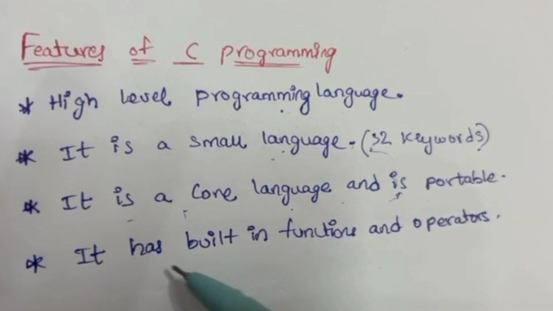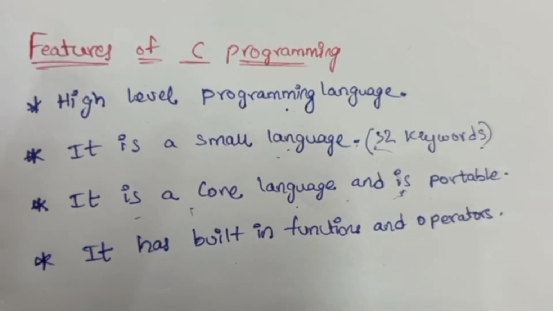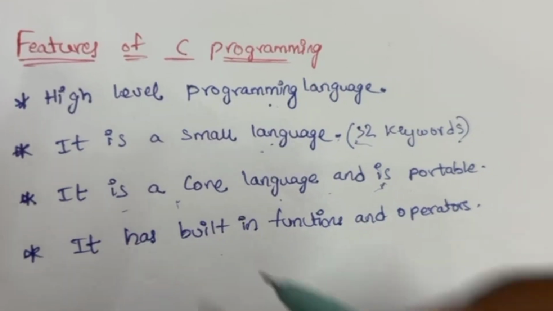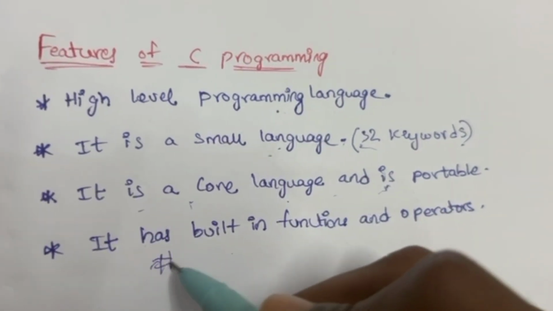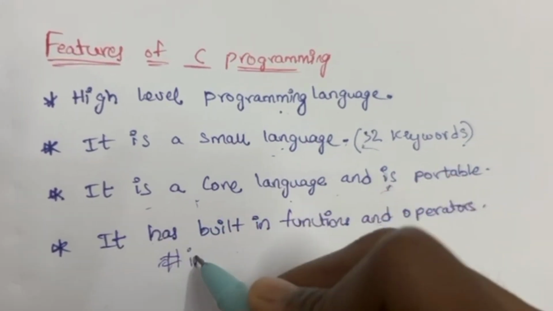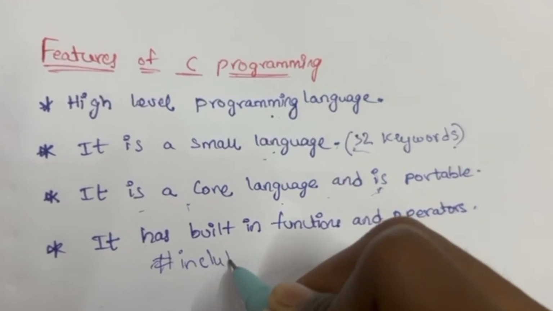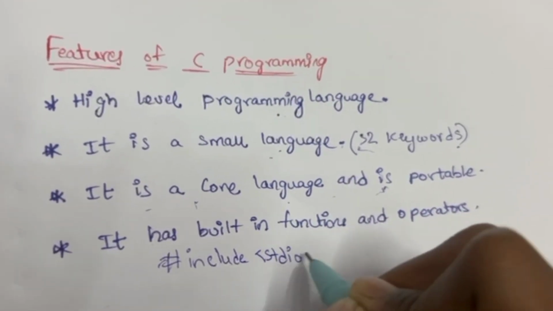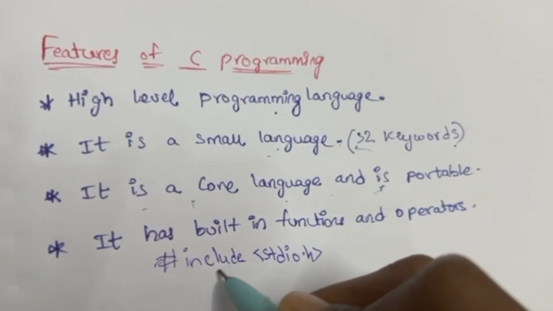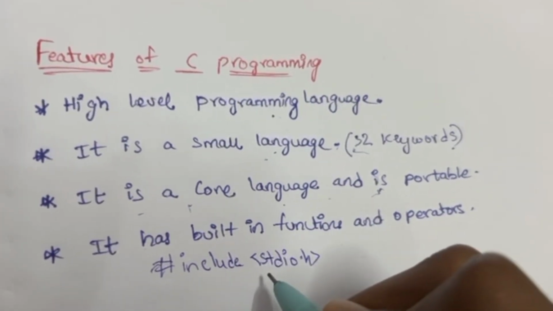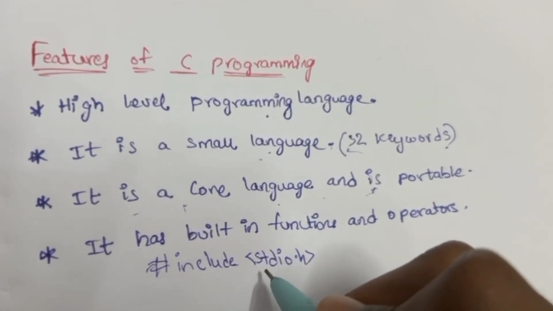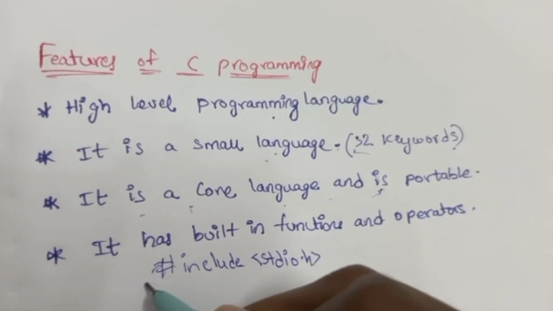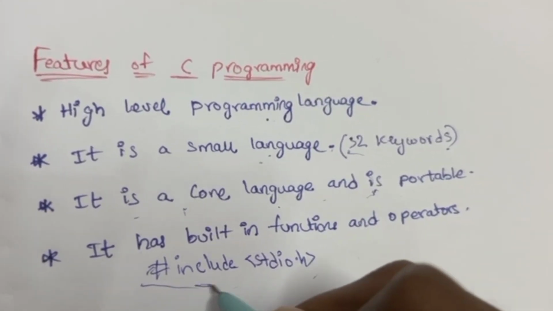Next one, it has built-in functions and operators. We all know what built-in functions are. For example, you have something like hash include stdio.h, which means that I am using my library function for standard input and output. To get my inputs and outputs, I will be using this particular header file.